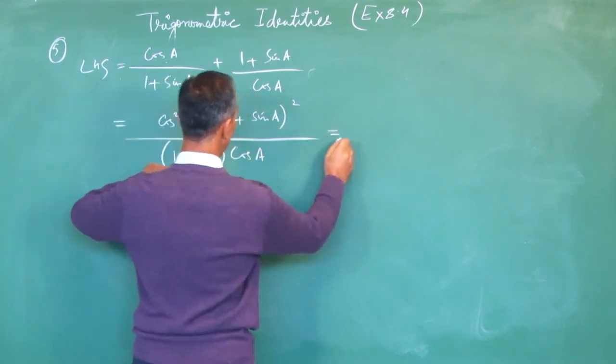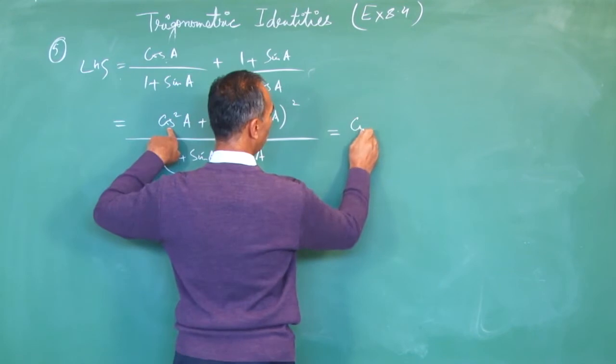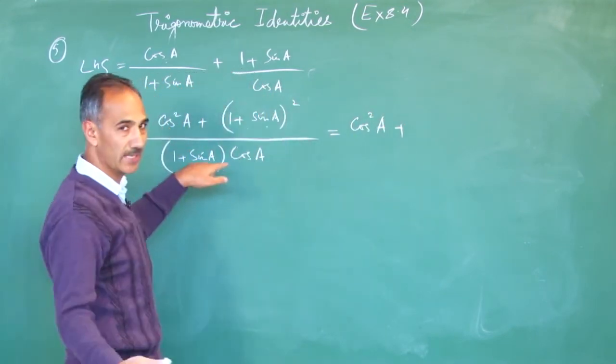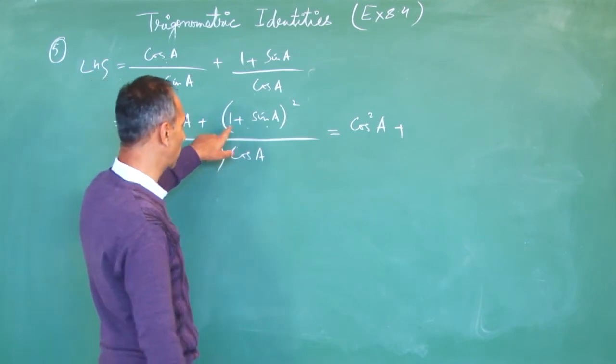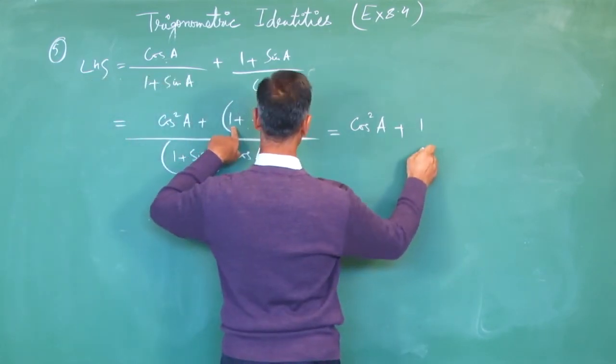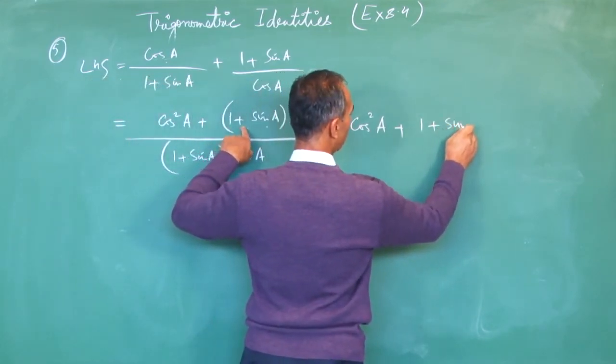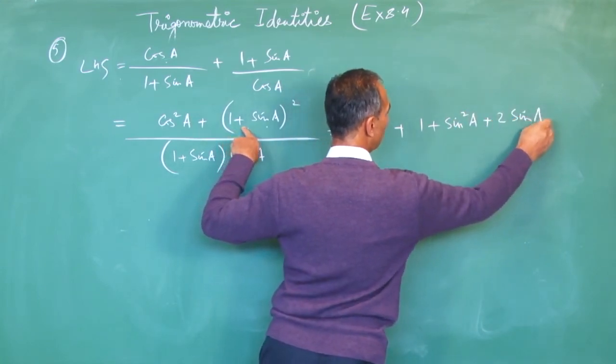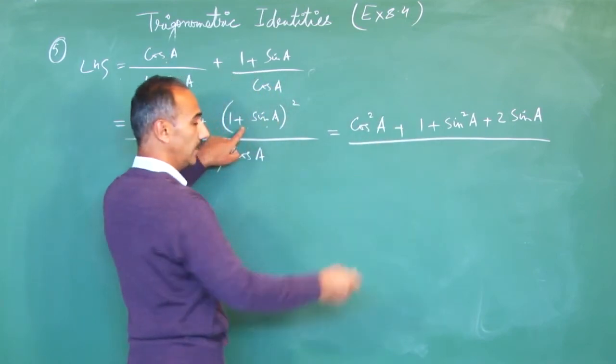Now, this will be written as it is, cos square A. Now, 1 plus sin A whole square we will expand using a plus b whole square. A plus b whole square would be a square plus b square plus 2ab. You can write that in the examination.